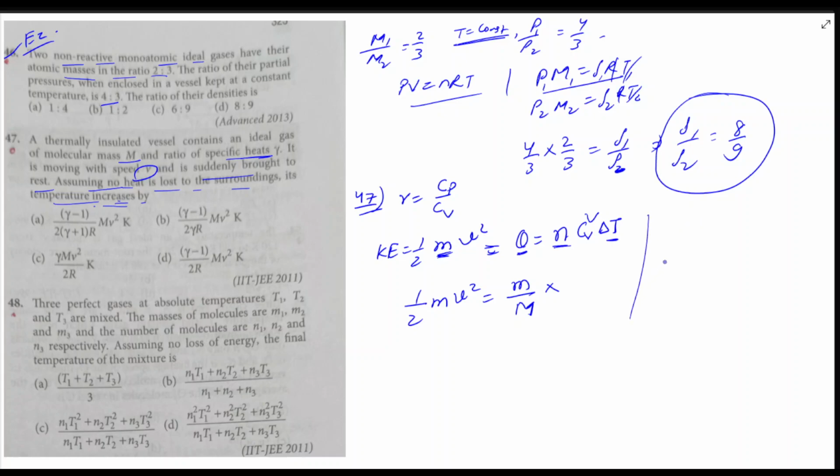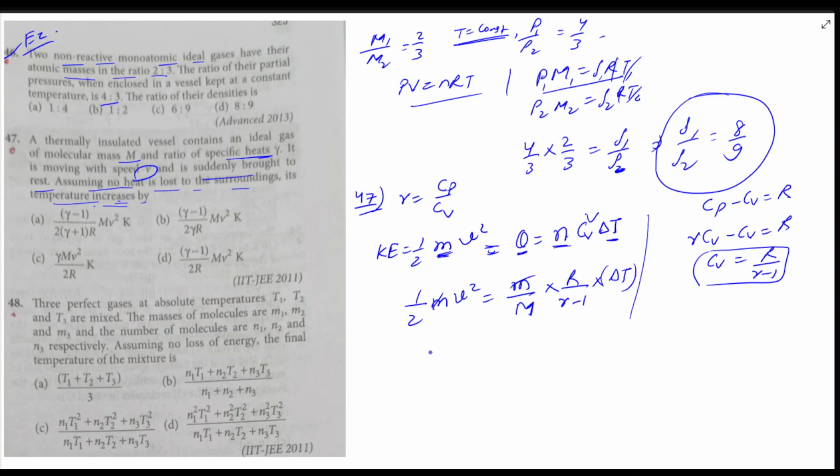We should know the formula for Cv in terms of gamma and R, or we can find it. Cp minus Cv is R, and we can write Cp simply as gamma Cv. Gamma Cv minus Cv equals R, so we get Cv as R upon gamma minus 1. Putting it in, R upon gamma minus 1 into delta T. This small m will get cancelled.